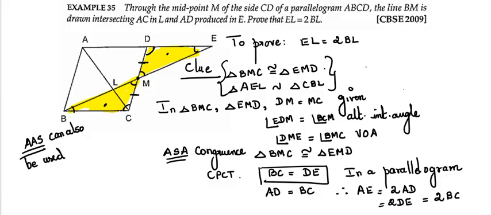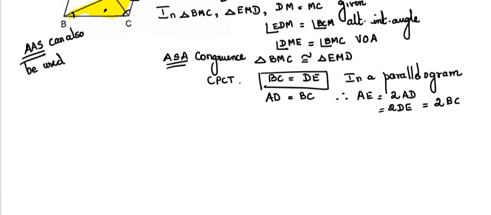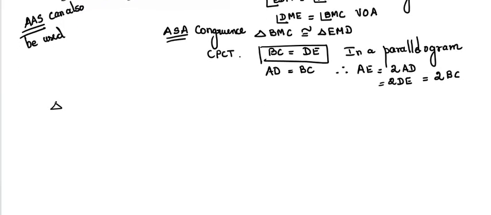Okay, wow. Now we have to come to AEL and CBL. Triangle AEL, please refer to your figure. Angle ALE is equal to angle CLB, vertically opposite angles.